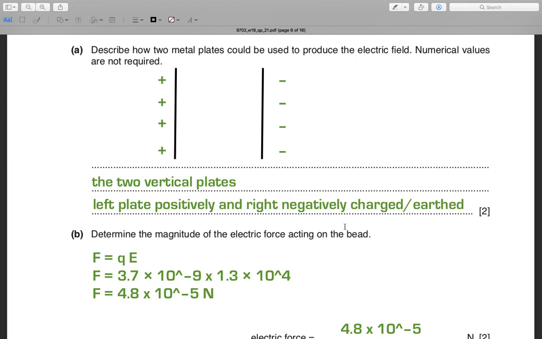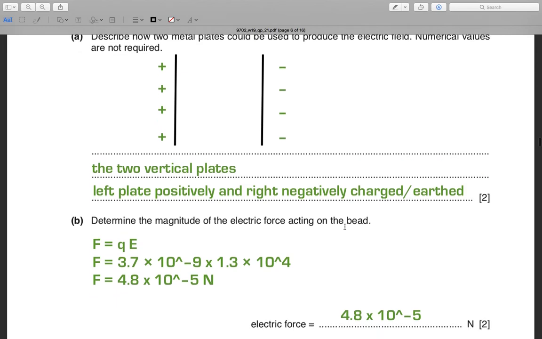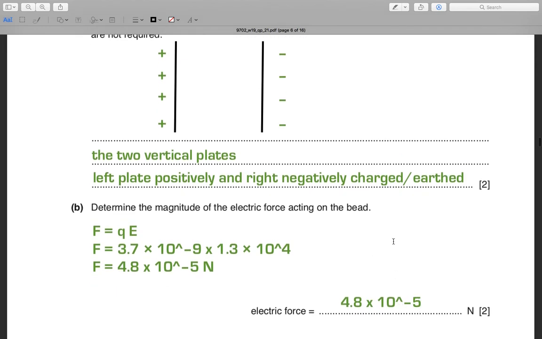We put Q as 3.7 times 10 power minus 9 times the electric field 1.3 times 10 power 4. By multiplication, we get 4.8 times 10 power minus 5 newtons. Finally, we get the electric force as 4.8 times 10 power minus 5.